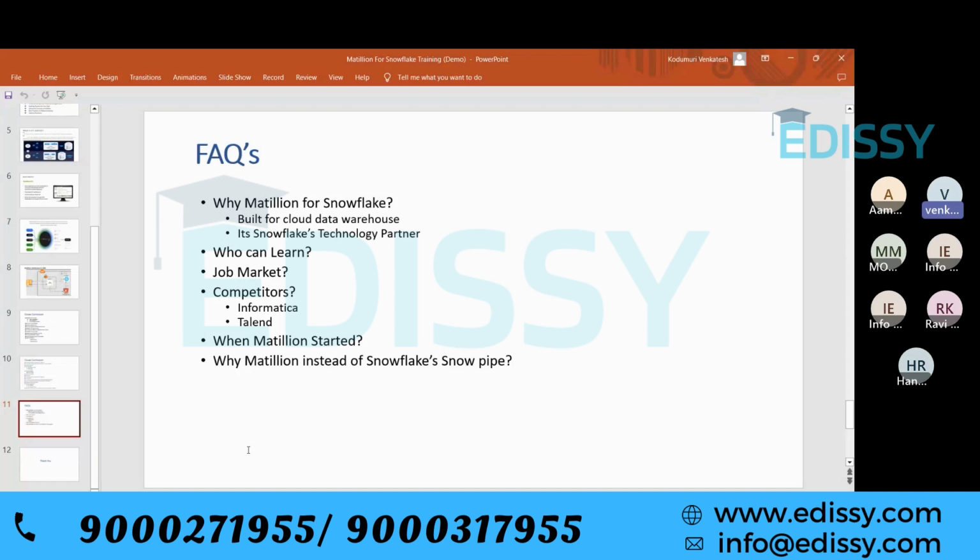Okay, so it has a lot of features that Snowflake has. So even if you don't know Snowflake, or if you know some of the basics of SQL, you can cope up with Matillion, and then you can do whatever you want to do. Okay, then who can learn it, right? I have seen people with 18 plus years of experience learning, and then I have seen people with 2 plus years or 1.5 years of experience learning.